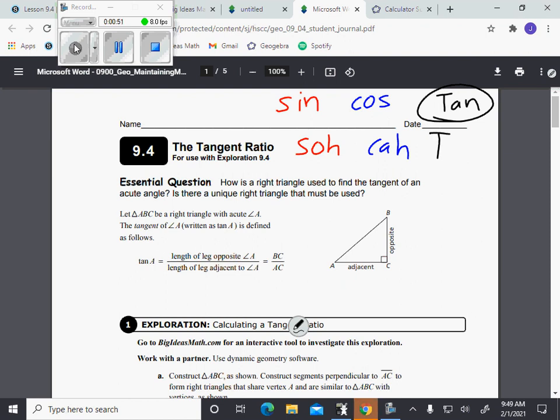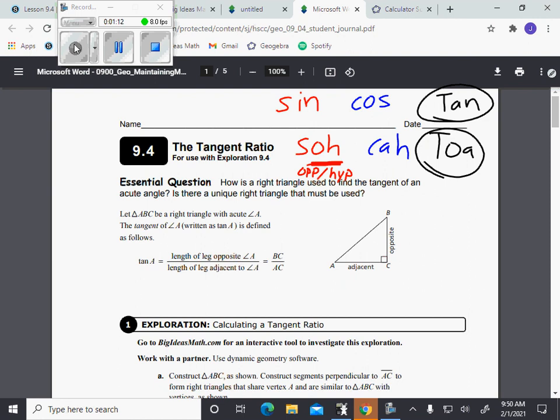SOHCAHTOA. Again, we're going to be working with this right here. SOH is the sine, and sine is OH, which is opposite over hypotenuse.